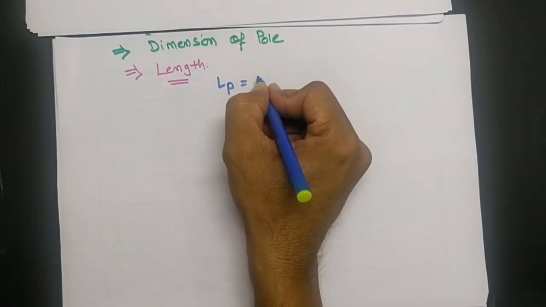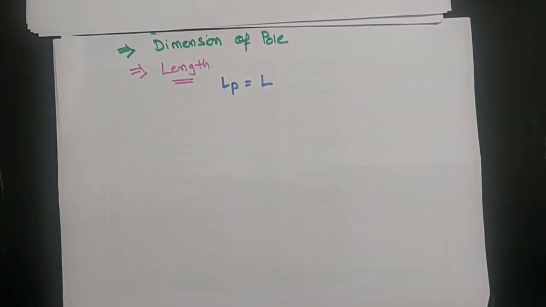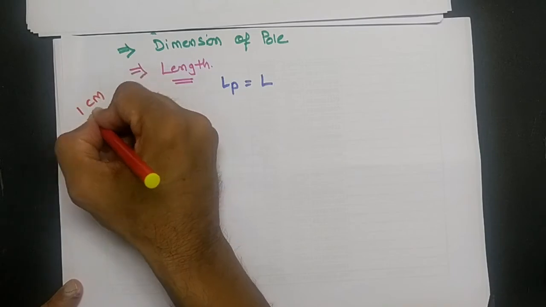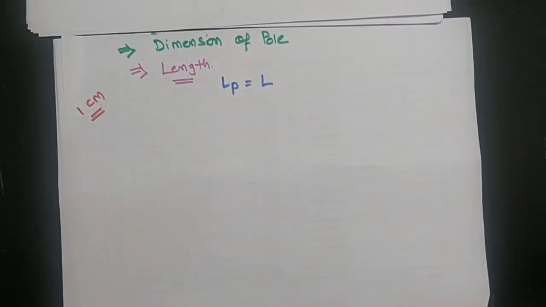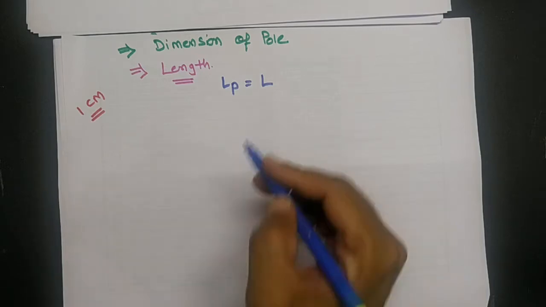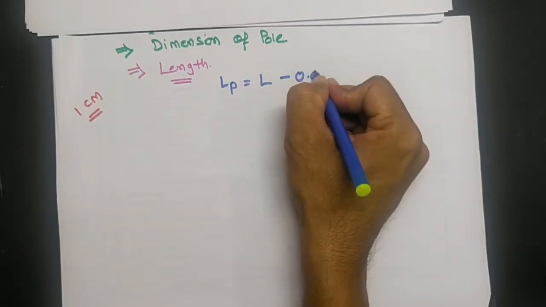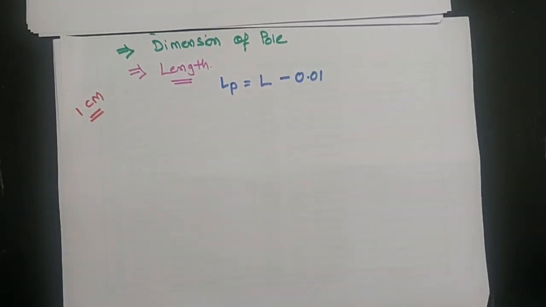While calculating the length of the pole, we should know that the length of the stator core is available, and we leave 1 centimeter of space. If we leave 1 centimeter of space, then our rotor can oscillate properly. That is the standard. Then the length of the pole is L minus 0.01 meter, since 1 centimeter is 0.01 meter.